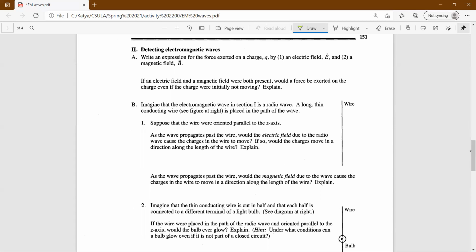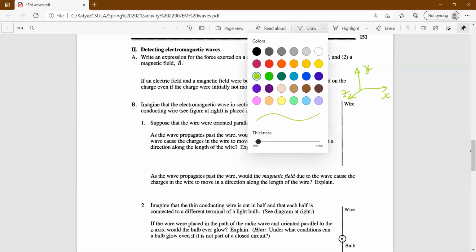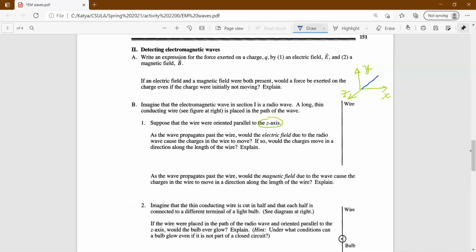I don't know where it's written, but it's written somewhere. Yeah, suppose that the wire is oriented along the z-axis. That means if you draw the plane which was on the previous page, if this is x and this is z and this is y, this wire is oriented along the z-axis. So that's going to be the wire.